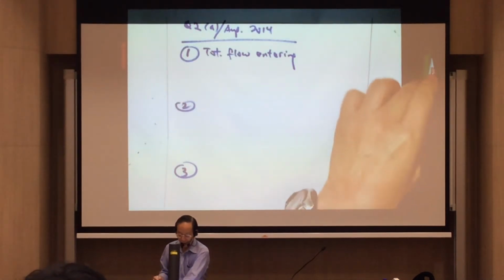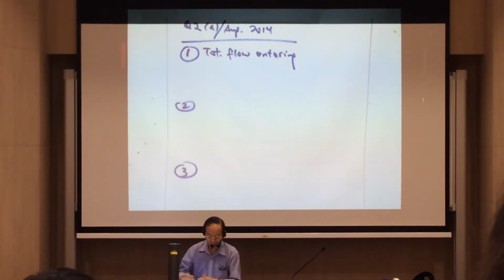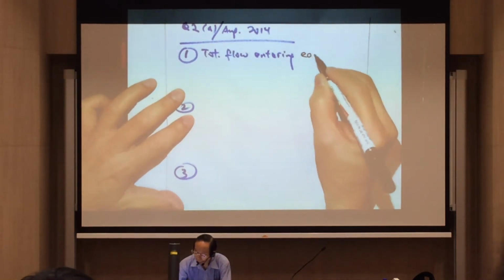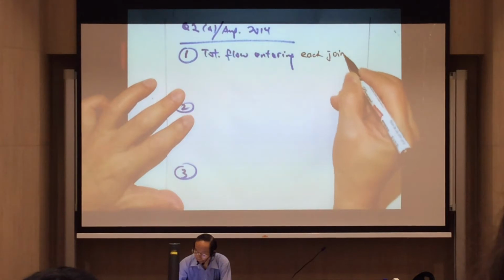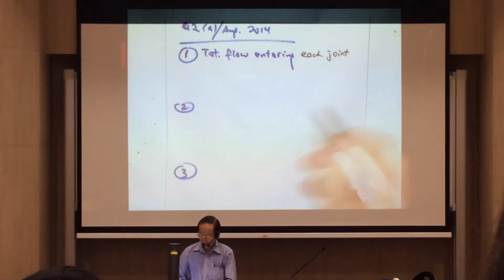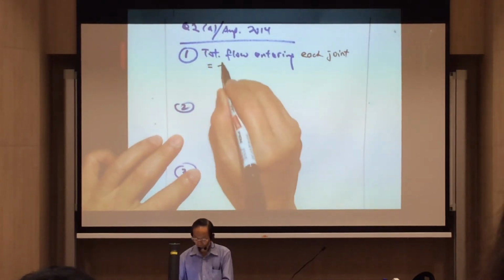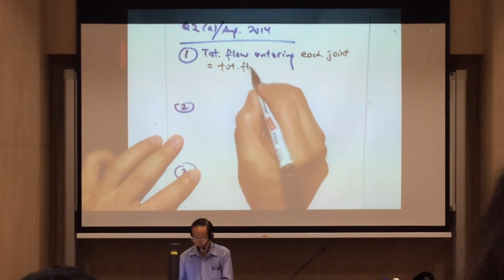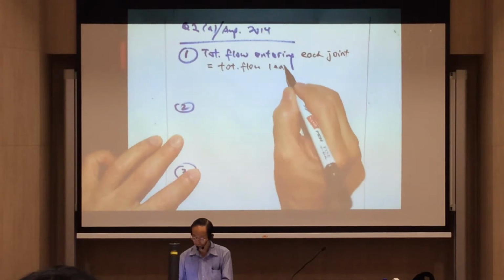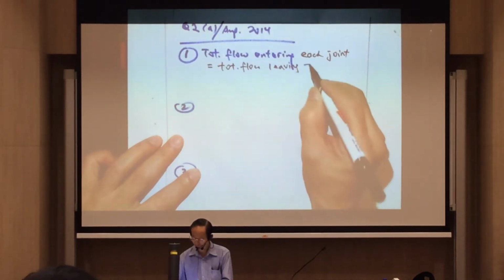Total flow entering each joint must equal total flow leaving that joint.